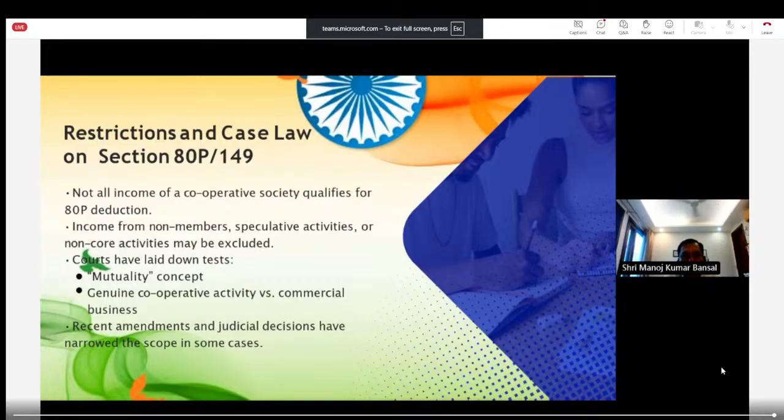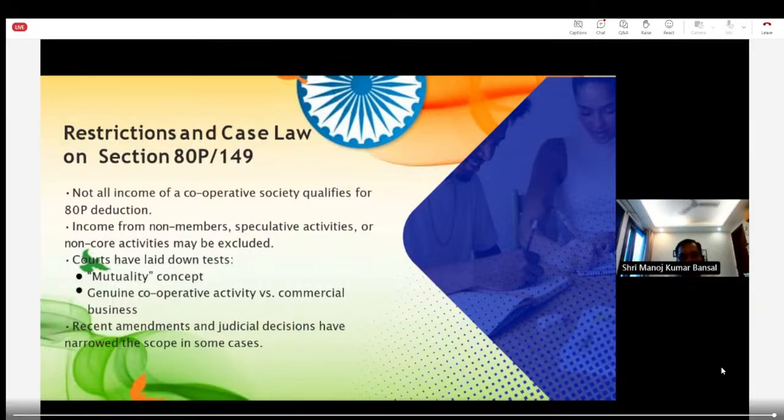Restrictions and case laws on section ATP, now known as section 149. Not all income of a cooperative society qualifies for the ATP deduction.